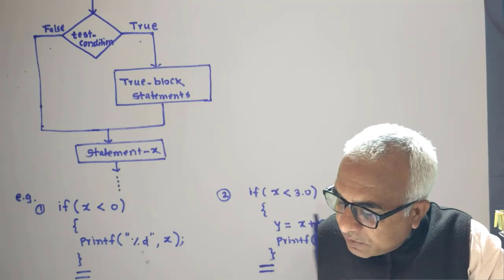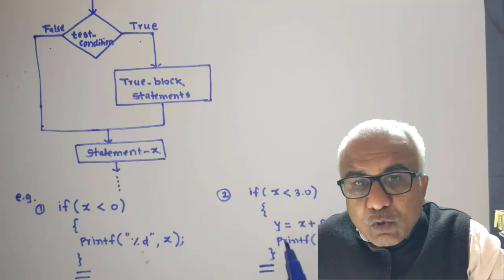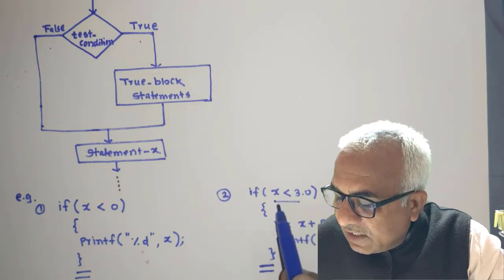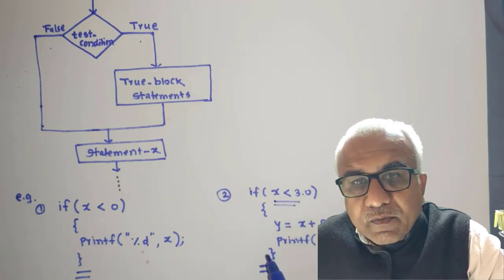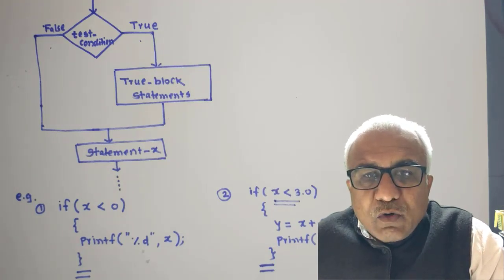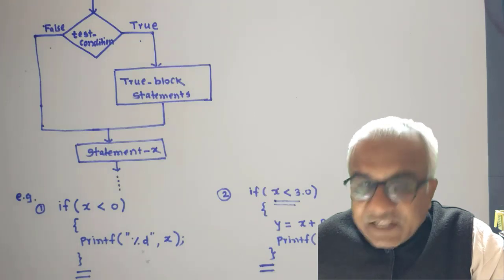So this block of statements, which is called the true block statements, will be executed only if this condition is true. So in this way, the simple if statement is used for decision making and branching.